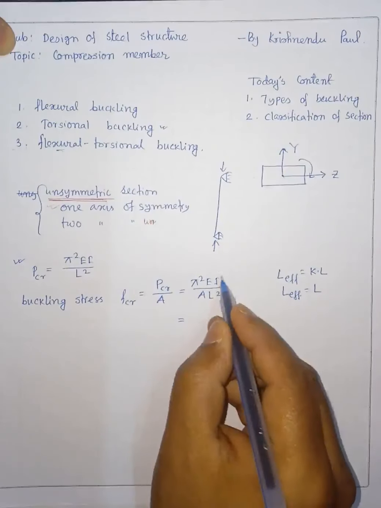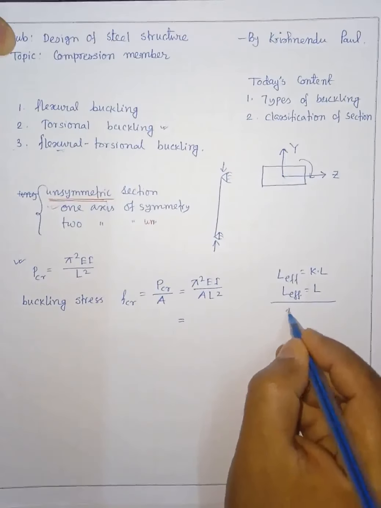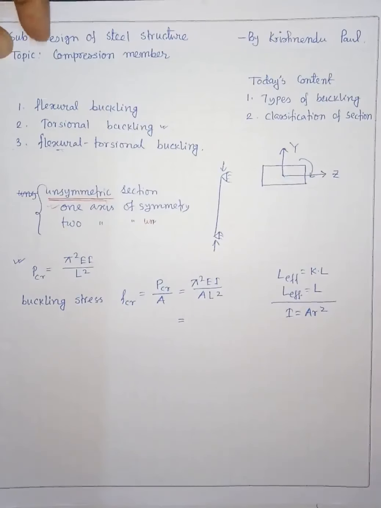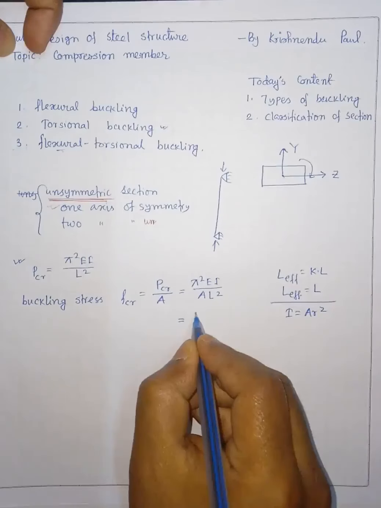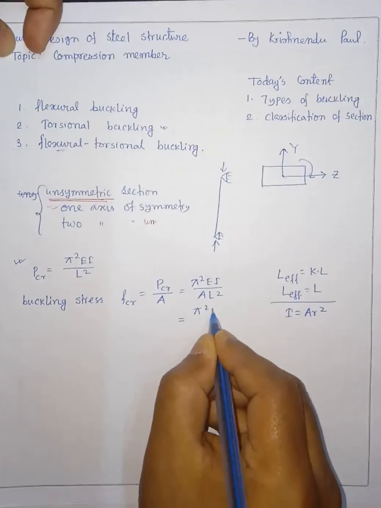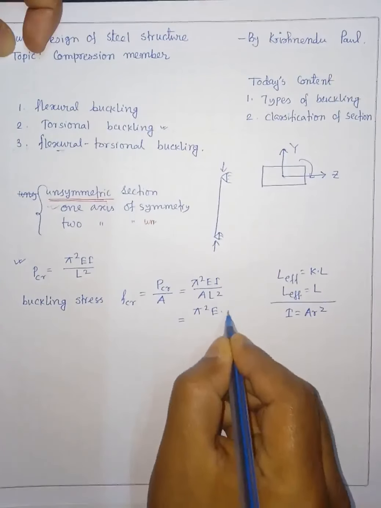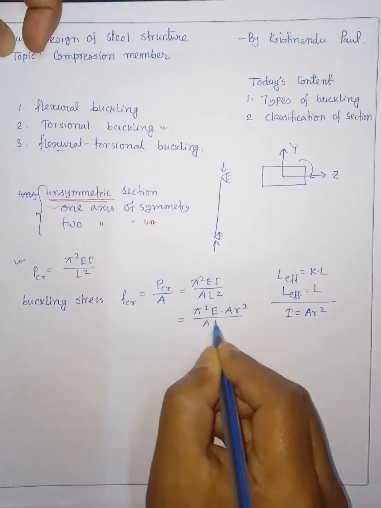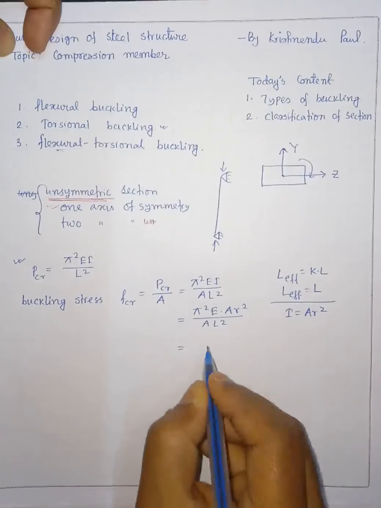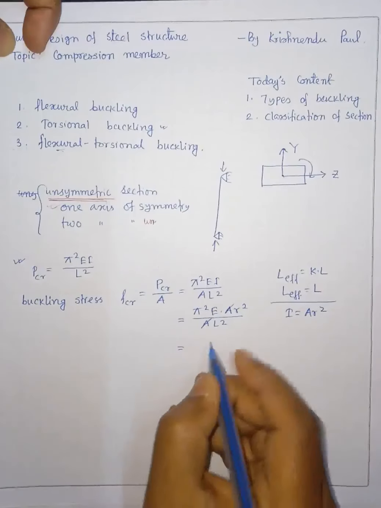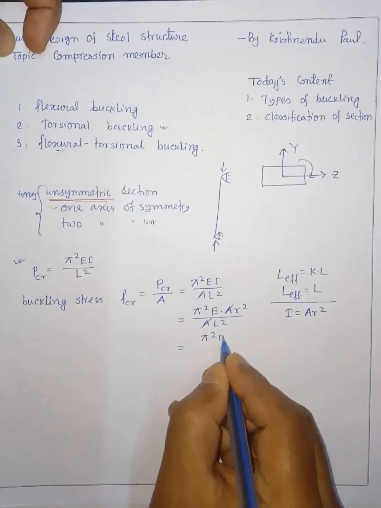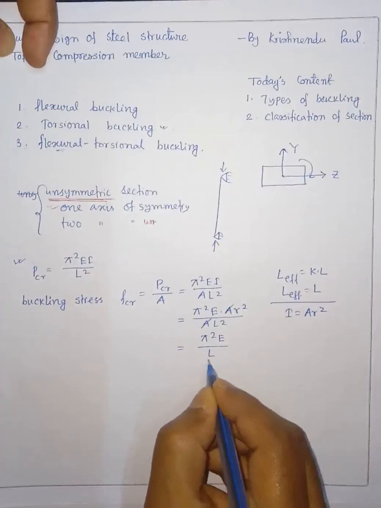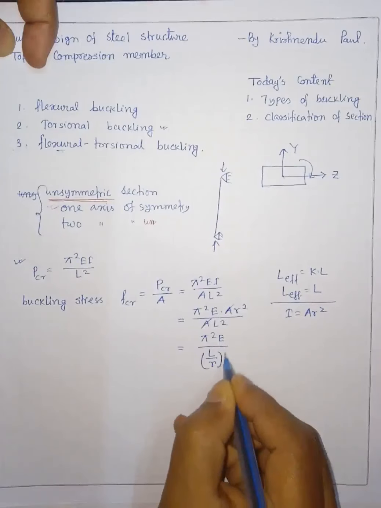So now what is this I? As you all know, I is nothing but A into R square, where R is the radius of gyration. So we can represent it like this: pi square E A R square by A into L square. So A will be cancelled, so pi square E, we can take this R in the denominator, and it will be simply L by R whole square.